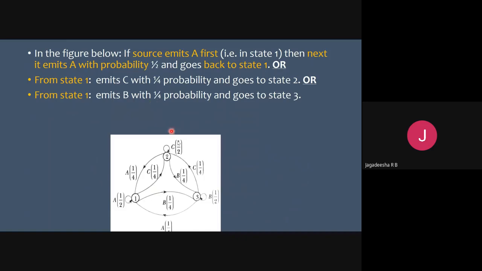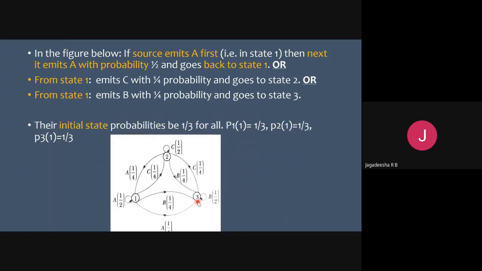Similarly, from state 2, if it was initially in state 2 where it emitted C, it can come back to C with the probability of 1 by 2, or it can go to state 1 by emitting symbol A with the probability of 1 by 4, or from state 2 it will emit B with the probability of 1 by 4 and reach state 3. Similarly, for state 3 you can analyze by yourself.